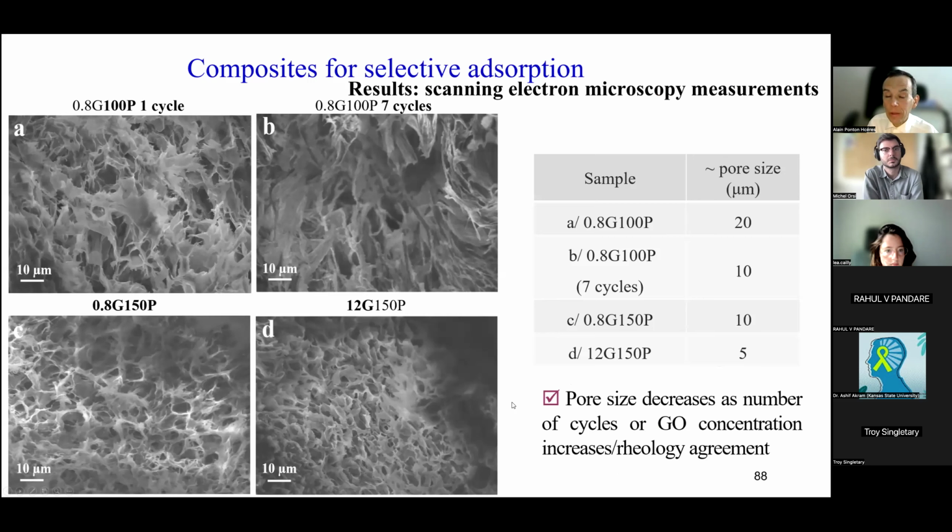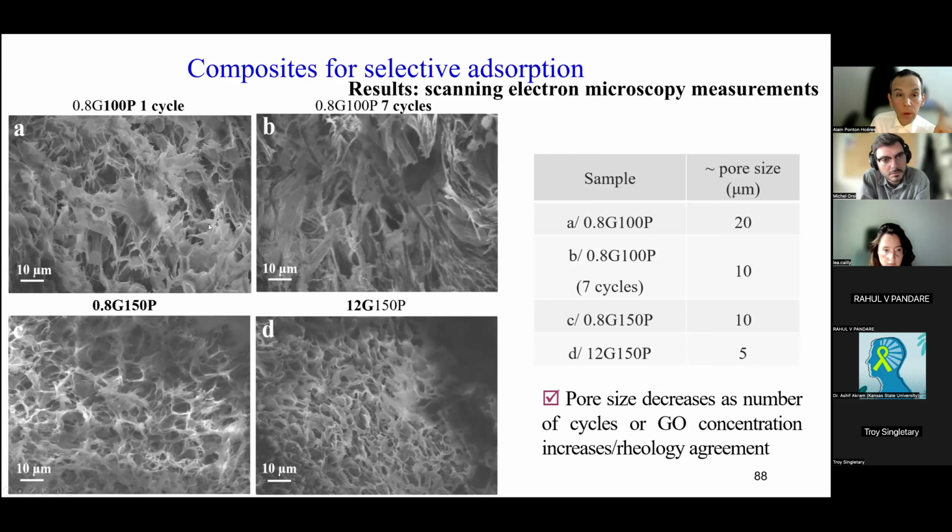So, we can associate this enhancement of viscoelastic property to the porous structure of the composite. So here you have some results obtained by scanning electron microscopy.